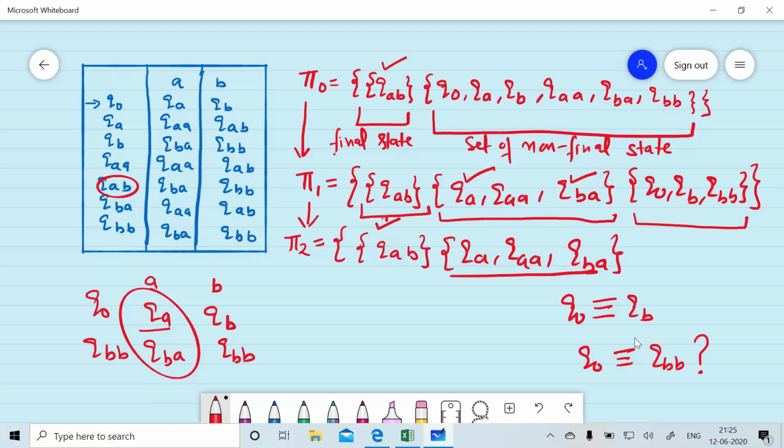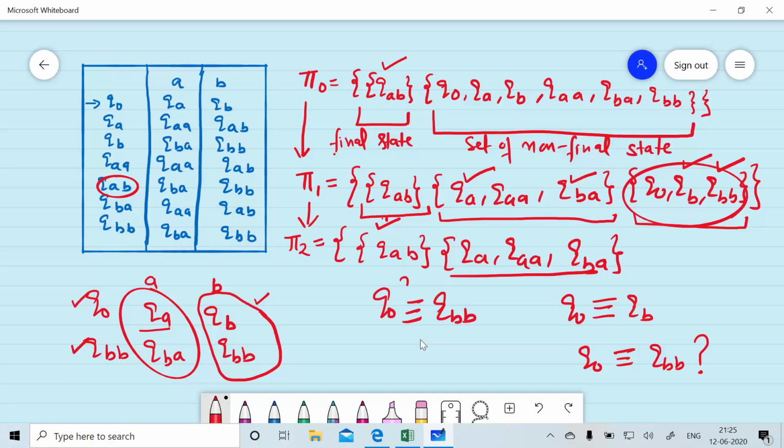Now we will check under B. Under B, they are giving QB and QBB, which are present in the same set. So Q0 and QBB are equivalent under B also. So we can say Q0 and QBB are equivalent, and Q0, QB and QBB are also equivalent.